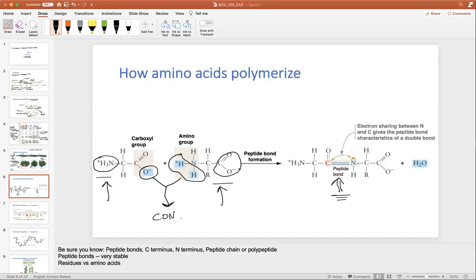What's really interesting about this peptide bond is that it is very, very stable. That's because part of the characteristic of this bond is that there is an electron sharing between carbon and nitrogen. It's kind of unique. They like to pass electrons back and forth. And because they do that, even though this is a single bond, it behaves like a double bond. So this is a very stable bond, okay?